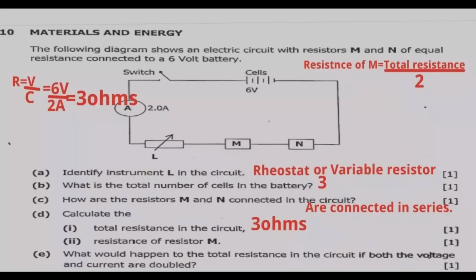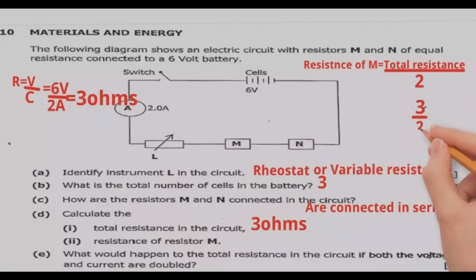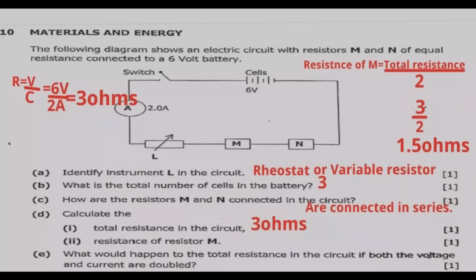The total resistance we found to be 3, so 3 divided by 2 gives us 1.5. So the resistance of resistor M is equal to 1.5 ohms.